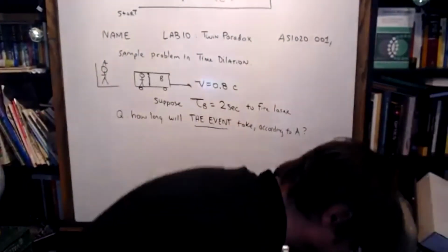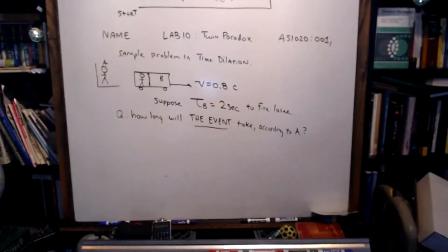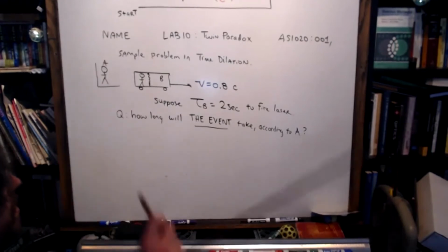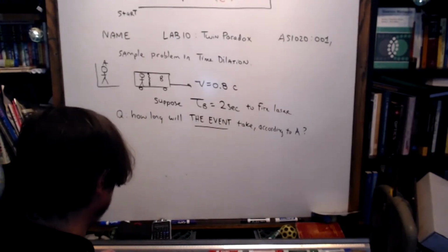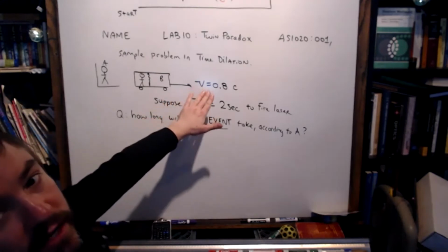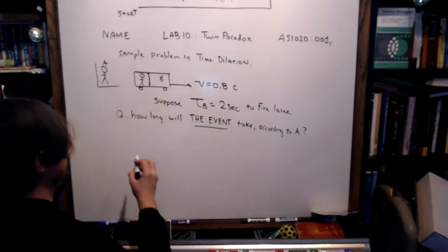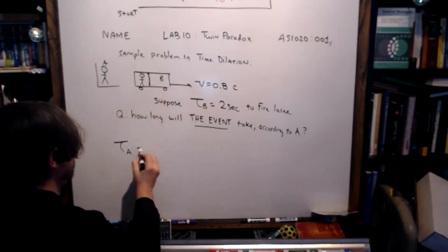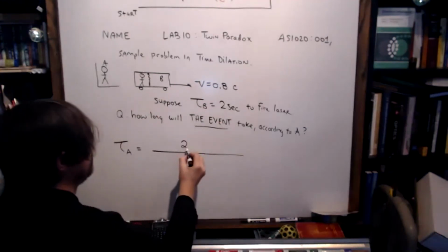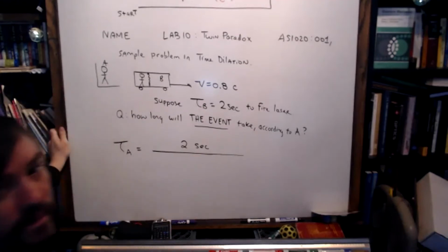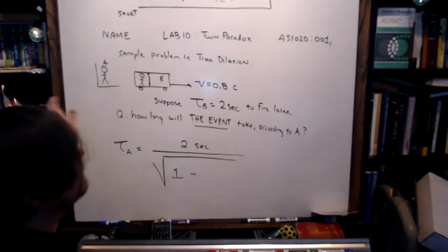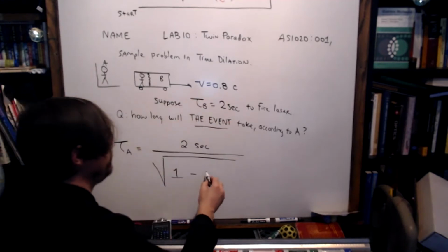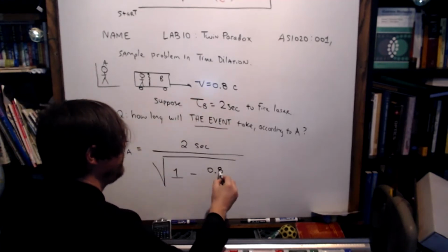So to solve this problem, we're going to want to use our time dilation formula. Okay. Let's set it up as follows. We are not going to convert velocities to meters per second or kilometers per second. We are going to write T_A is equal to T_B, which is 2 seconds, divided by the square root of 1 minus, now in for the velocity, I'm going to substitute 0.8.